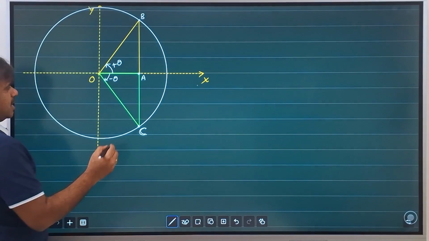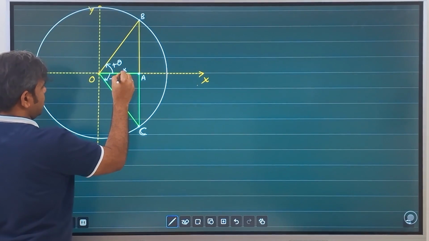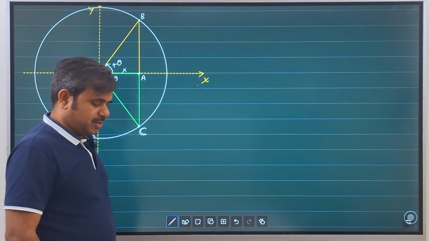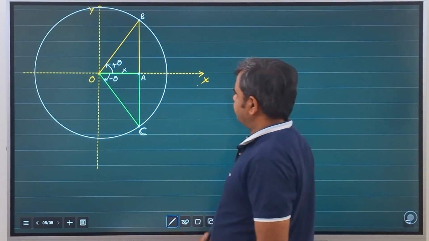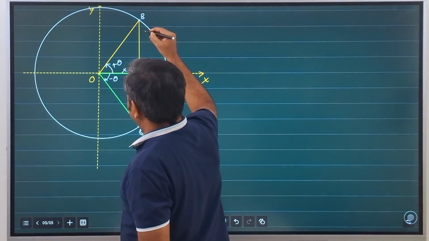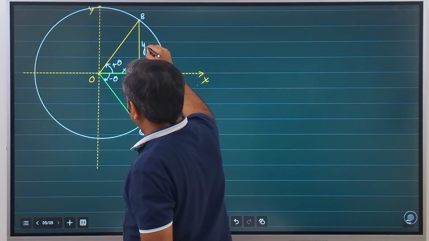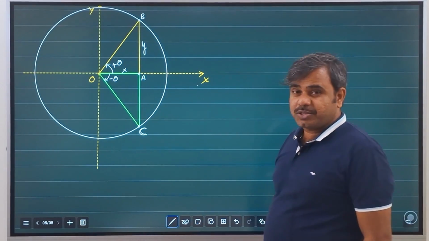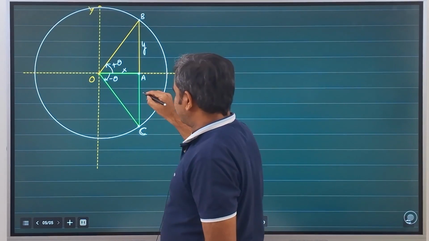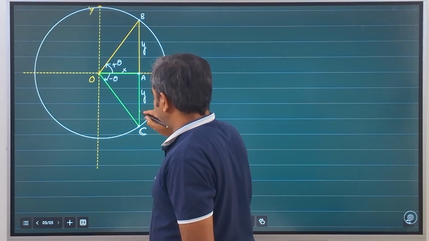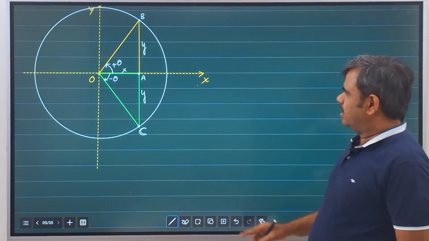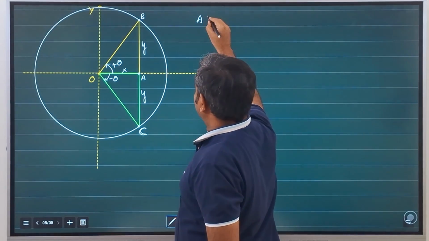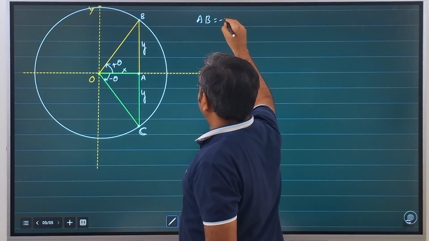Now look at these two right angled triangles. They share the horizontal side x. For the right angled triangle above x-axis, y is positive. For the right angled triangle below x-axis, y is negative. AB is equal to plus y.